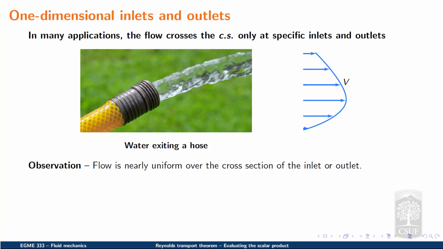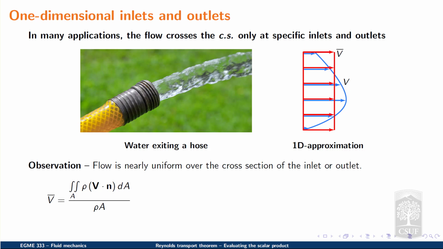However, often we can argue that this velocity profile can be approximated as uniform across the entire cross-sectional area, whether it's an inlet or an outlet. And instead of working with this variable velocity field, we can simply approximate it as a one-dimensional velocity field.